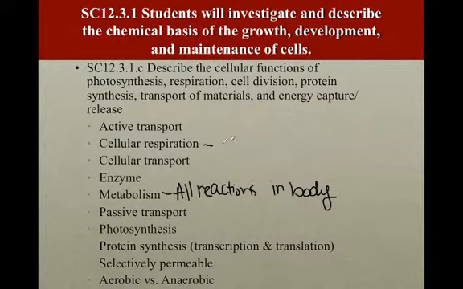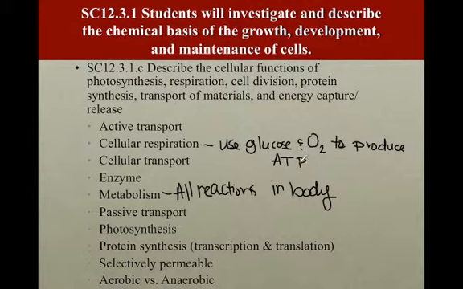So you use glucose, and what else do you use? Oxygen to produce what? In the form of what molecule? ATP. And then what's the byproduct? Carbon dioxide.